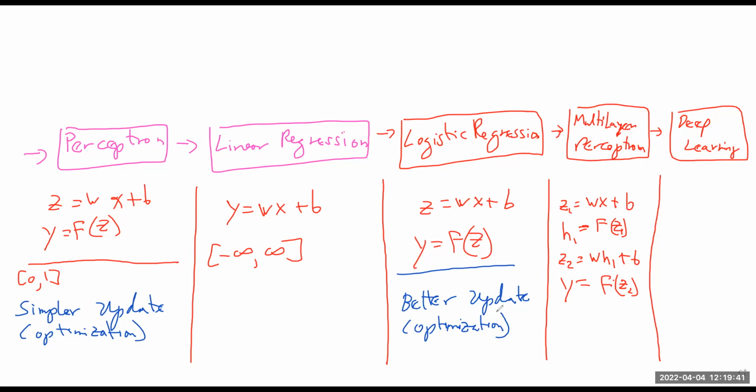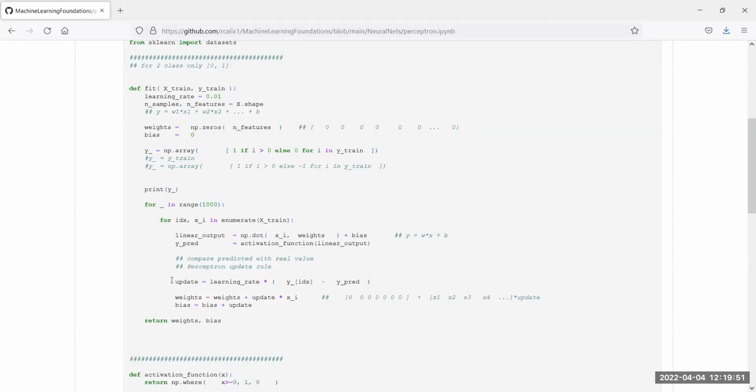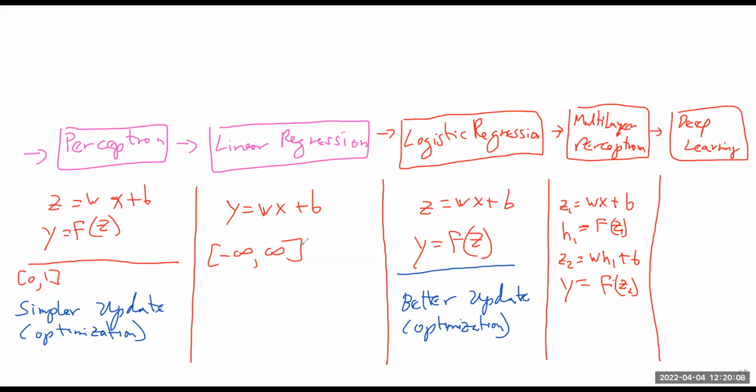It's the way that the update is supposed to happen, because there's the prediction of things, but then there's the calculation of the loss function, really this little thing where we take the difference of something and the other thing. So that's really what makes it a little bit different. All right. So the better update, and actually this one is called cross-entropy. So it actually comes with a name.